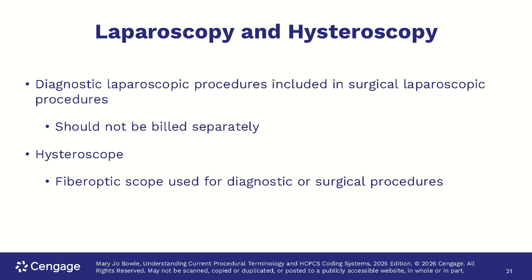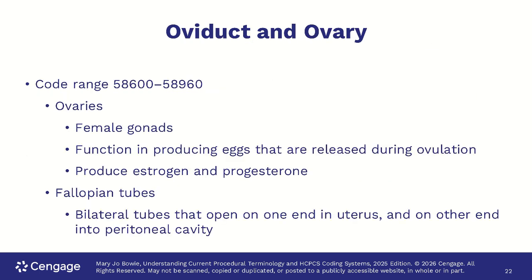A hysteroscope is a type of endoscope, and in this case, it's a fiber optic scope used for diagnostic or surgical procedures. Then we have our procedures on the ovary and the oviduct. The ovaries are commonly referred to as the female gonads, and they function in producing eggs, which are released during ovulation.